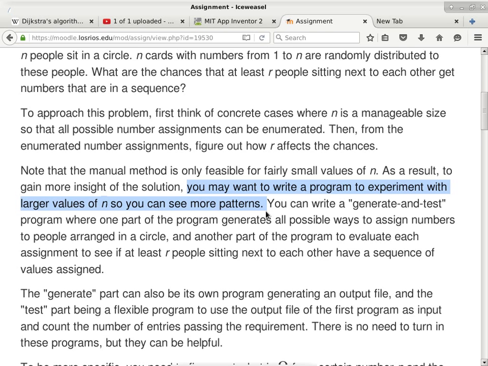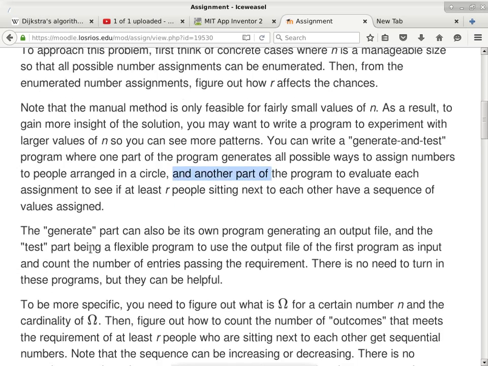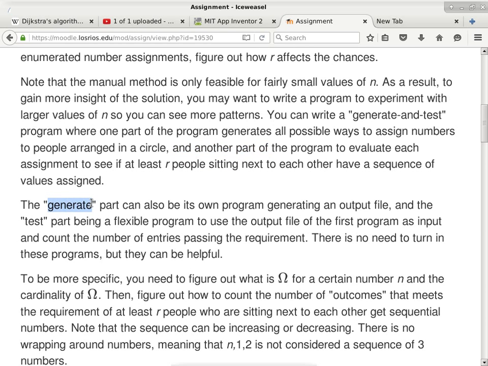There are 2 ways to do this, generate and test, okay, at least 2. One is to write a single program, where the first part of the program generates the possible ways to assign numbers, and then the second part of the program is just a little filter to evaluate each assignment to see whether a particular combination meets the requirement or not. Okay, that's one way to do it. The second way to do it is to have a particular program to do the generate and have a different program to do the test.